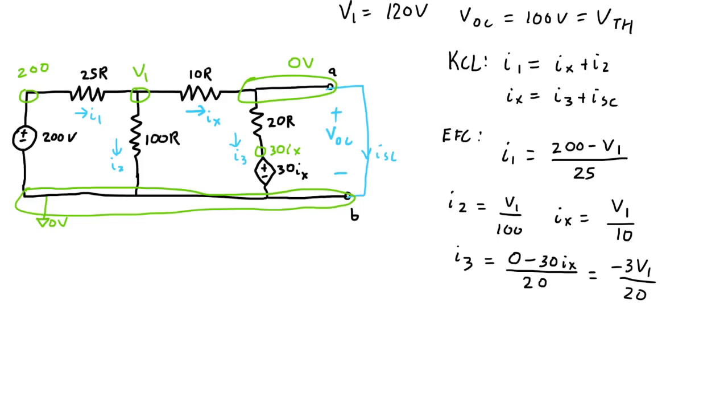So let's do I1 plus, so V1 over 10, or I'm sorry, 200 minus V1 over 25 equals Ix, so V1 over 10 plus I2, which is V1 over 100.